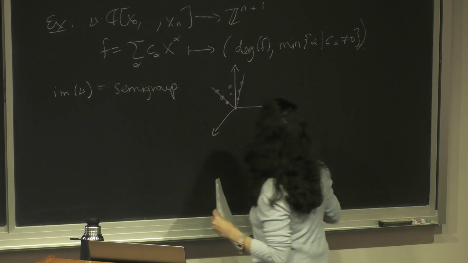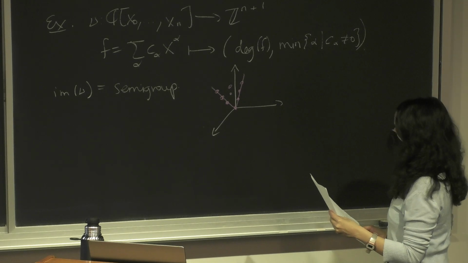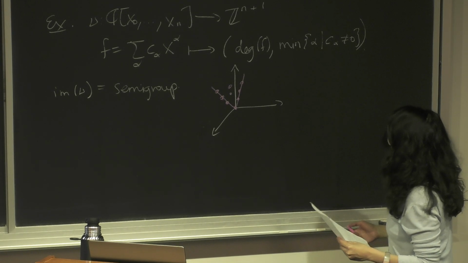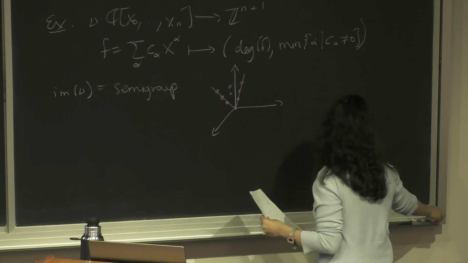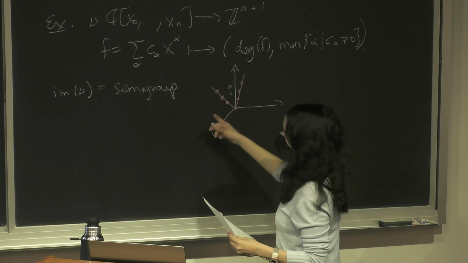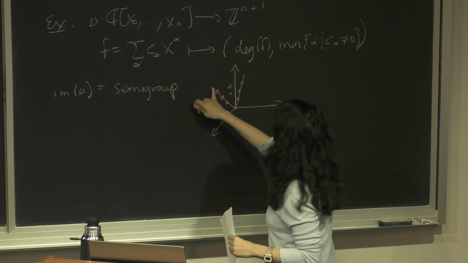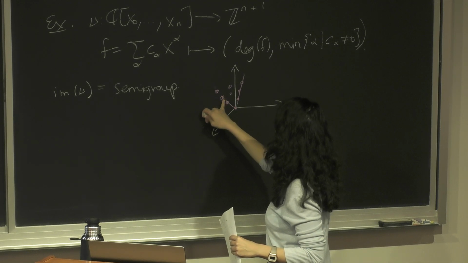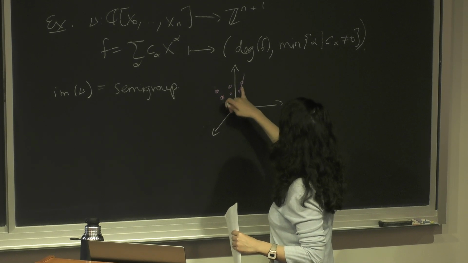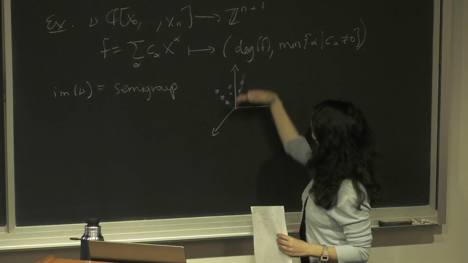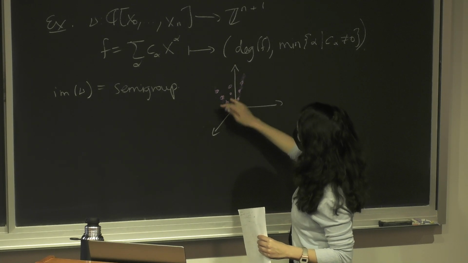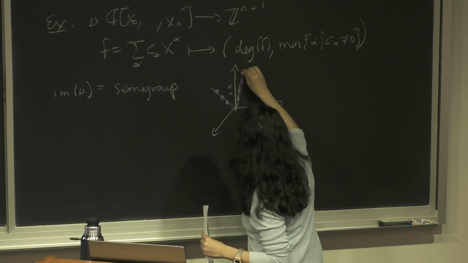Okay. And so what you want to do in this very, very simple case is, sorry, I shouldn't have drawn the lines. The lines are just to help me visualize it. But this is all on a plane. So then what you want to do is take the cone spanned by this.